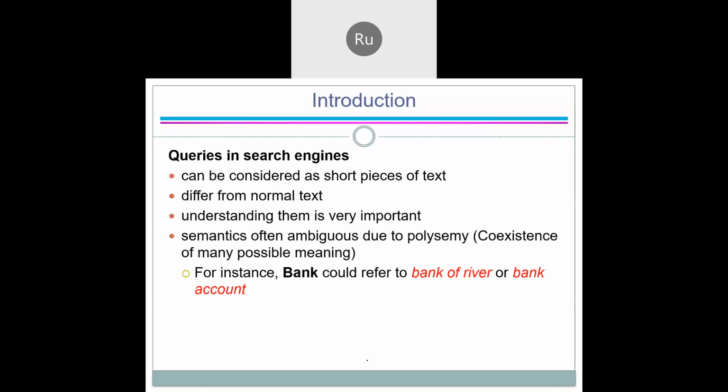And at the same time also, if you just put a query just bank, then the system has to differentiate whether you are referring to bank of river or bank account. So this is part of the study that you may already study in the natural language processing, in which each term will be analyzed based on the context of the other word that exists in the same sentence.